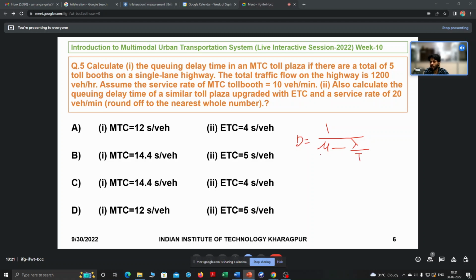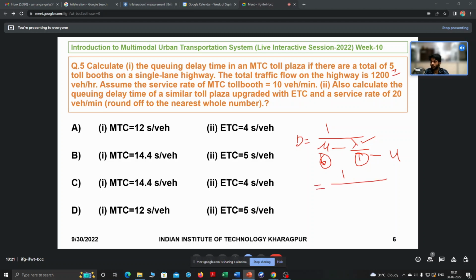Mu is your service rate, lambda is the arrival rate, and T is the number of toll booths minus 1, because if you have 5 toll booths, then you would have 4 merging lanes at the departure side of that. So that's why you consider it as 4, because here it is 5. So it is very straightforward.